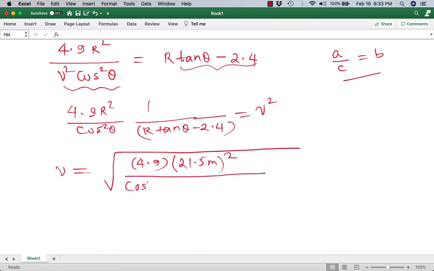Cosine square theta is what is the angle for? It's 40 degrees. Okay, 40 degrees, and then range is 21.5 tangent 40 degrees minus 2.4. So that gives us V. You do the calculation, that'll give you V.